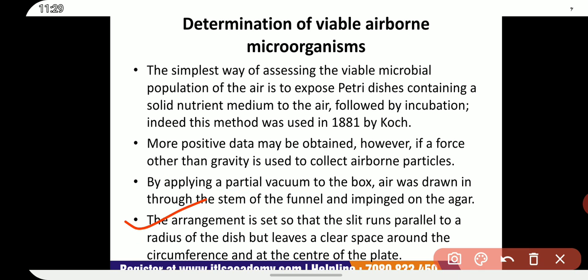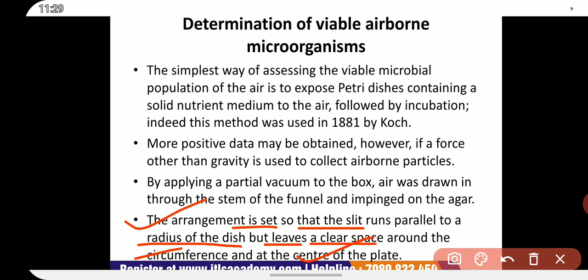The arrangement is set so that the slit runs parallel to a radius of the dish but leaves a clear space around the circumference and the center of the plate.